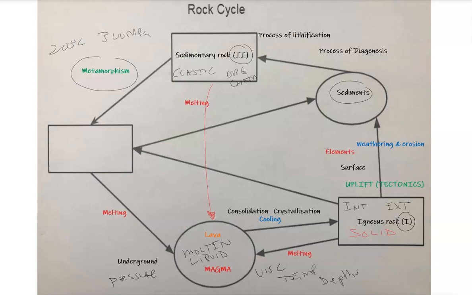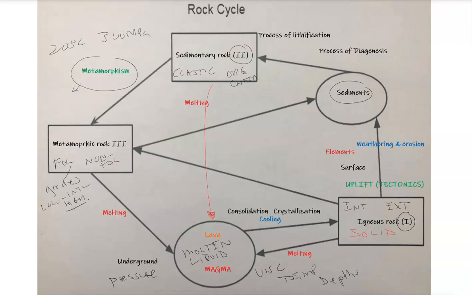So a lot of heat, lots of pressure, and you're going to change the form and the shape of this rock and form a metamorphic rock. And again, the third rock in our cycle. And the two types are foliated and non-foliated. Now, this is based on various grades, from low, intermediate, and high, based on the temperature and the pressure.